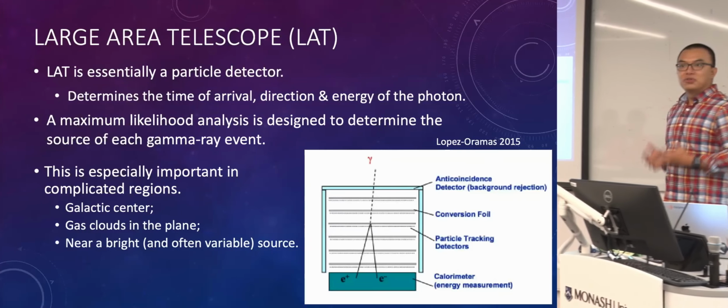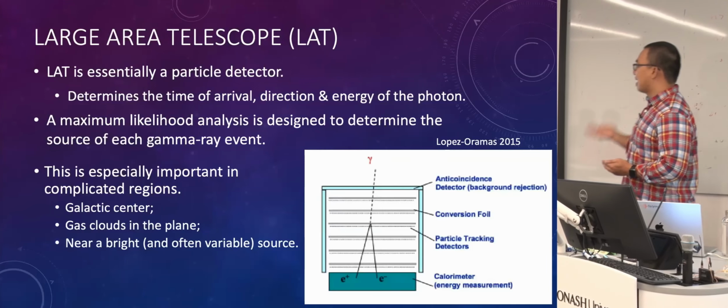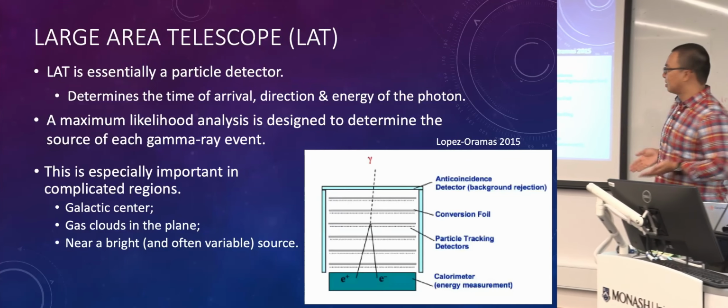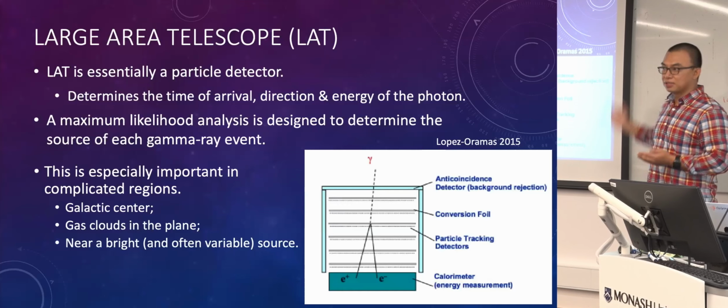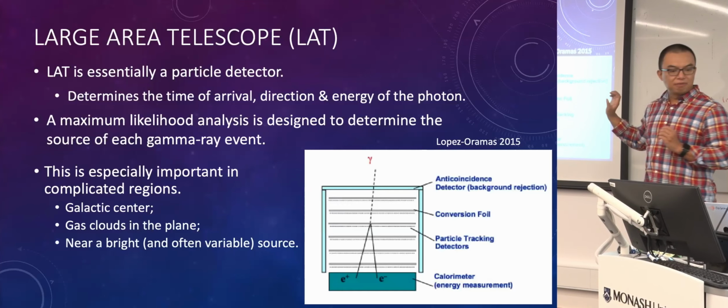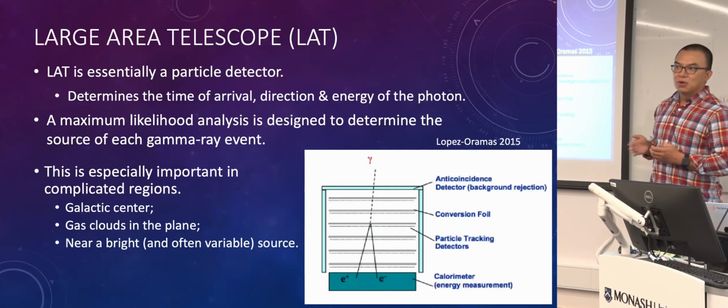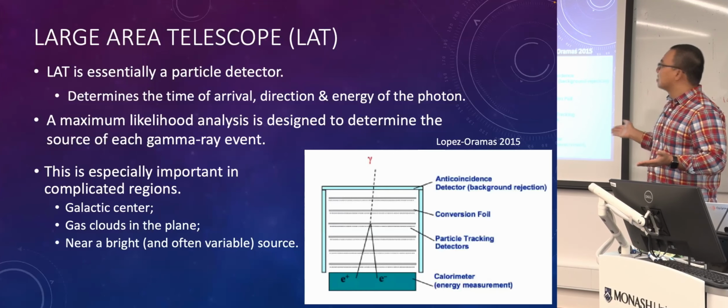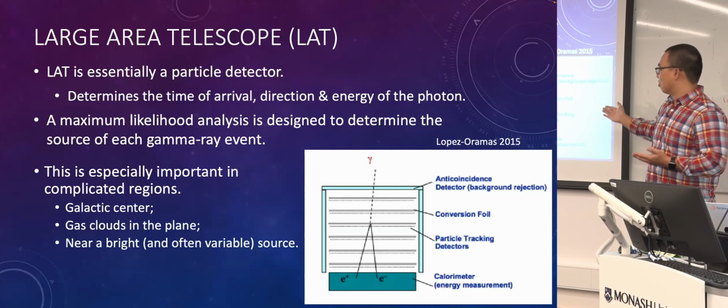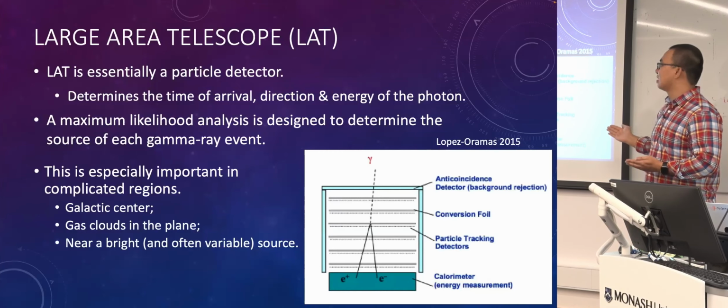I'm also going to briefly talk about LAT in particular because the data analysis relies on us knowing the structure of LAT and how it actually does the data analysis. So it's, again, not your typical telescope. It's practically a particle detector, right?